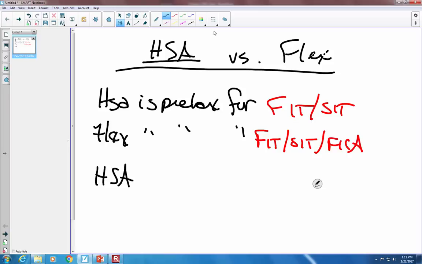HSAs, you can only put money into an HSA if you have a high deductible plan. And honestly, I can't tell you the numbers off the top of my head because they change every year. They're indexed for inflation. But it's around $3,500 if you're single, and around $6,000 if you're a family. What am I saying actually? If you're single, like McKenna, and she's got a high deductible plan, what does that mean?